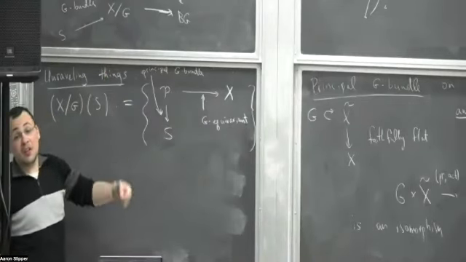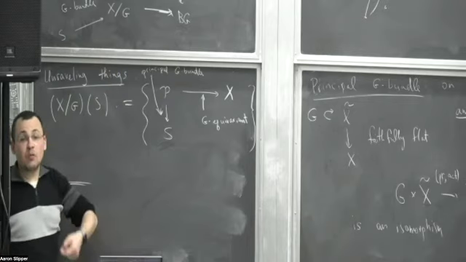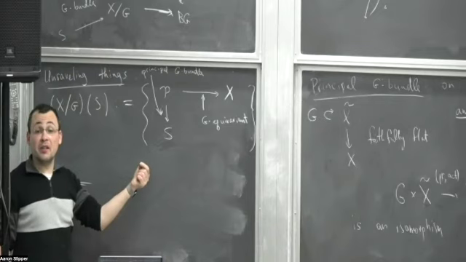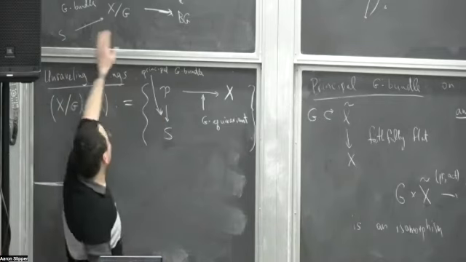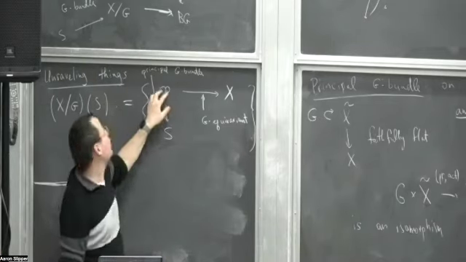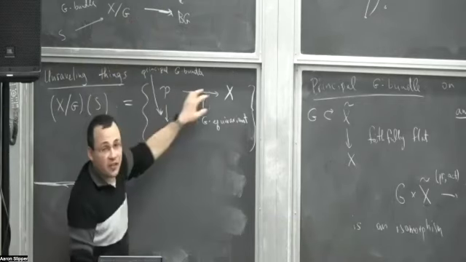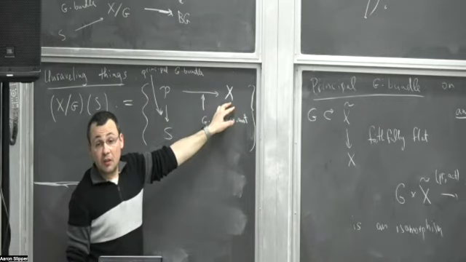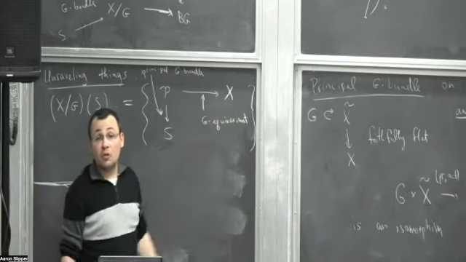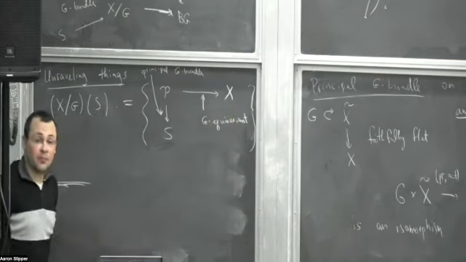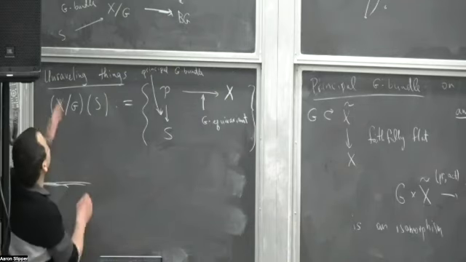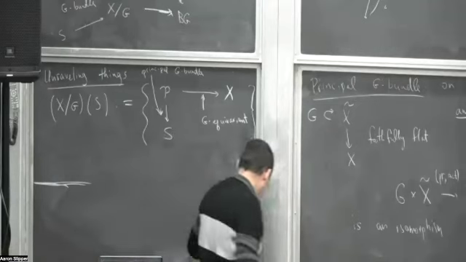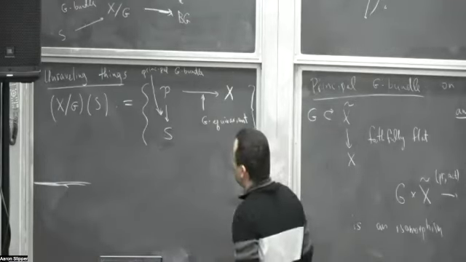But maps over BG are the same thing as G equivariant maps when you pull back to a point. And so the pullback to a point here is the principal G bundle. The pullback to a point here is X. And so the remaining data is a G equivariant map from the corresponding principal bundle to your space. It comes from this embedding here.